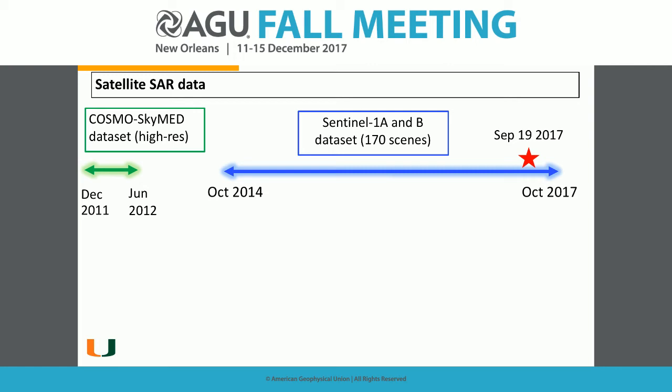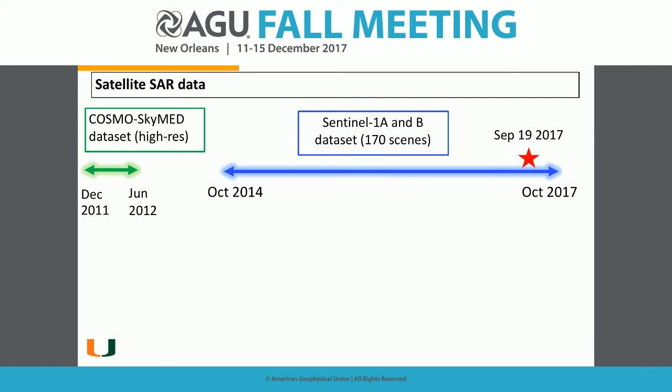The data sets that we have to work with are one data set from the Cosmo-SkyMed satellite constellation. These are X-band satellites, high resolution, 3-meter pixel resolution in space, from December 2011 to June 2012. And then we have 170 scenes from the Sentinel-1 A and B satellites.